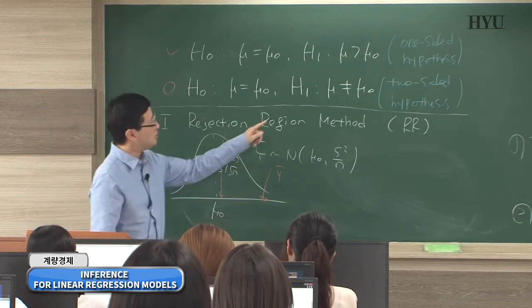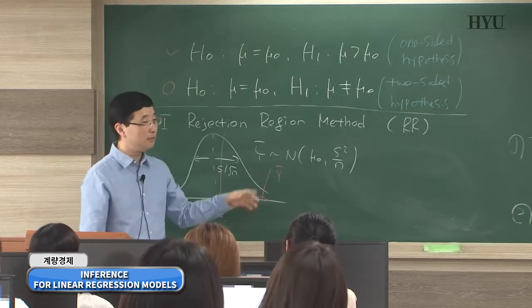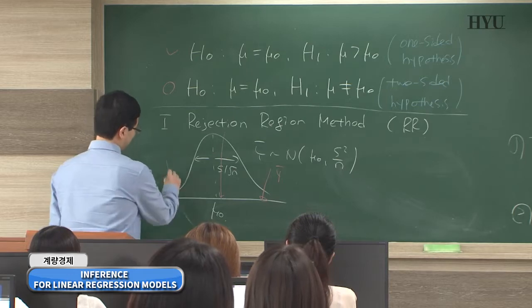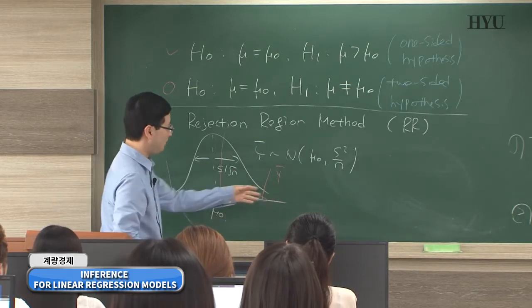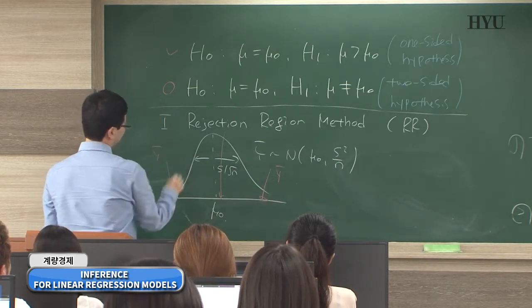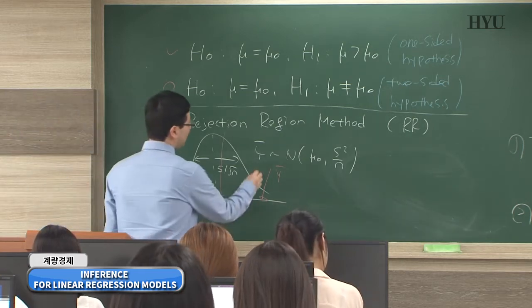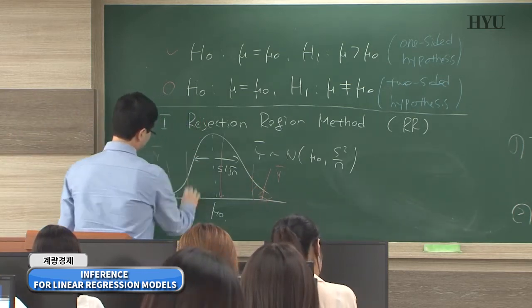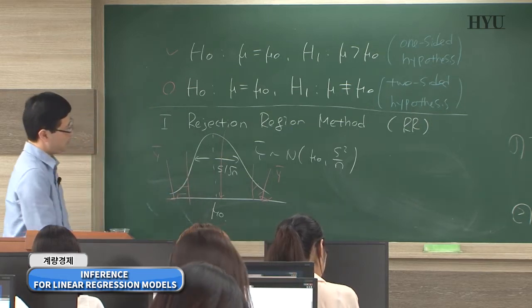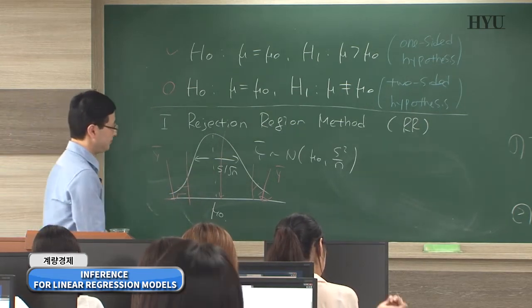Now, under this alternative hypothesis, y bar can be far from the center because it is too big or because it's too small. So there are two rejection regions. Okay? Unlikely area under the null. So we want to calculate these two rejection regions.